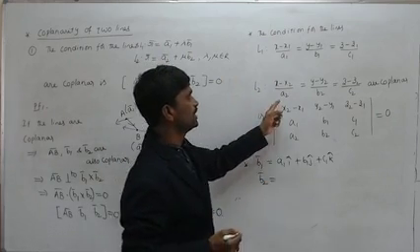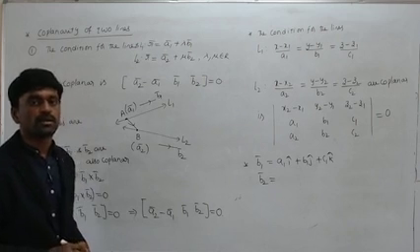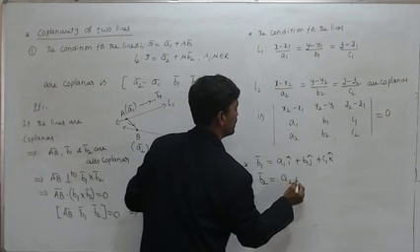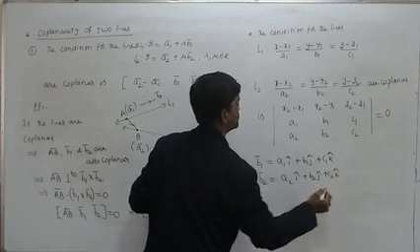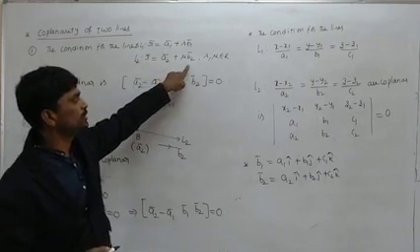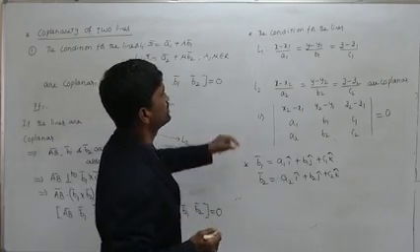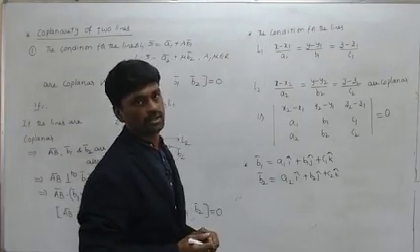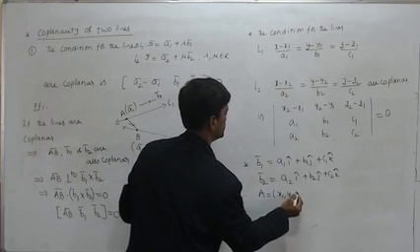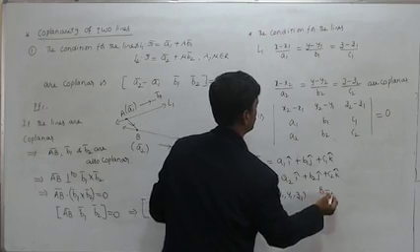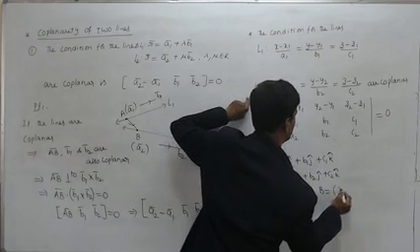Line 2 drs are a2, b2, c2, which means line 2 is parallel to the vector a2 i cap plus b2 j cap plus c2 k cap. So b2 bar becomes this vector. And the line 1 is passing through which point? x1, y1, z1. So the coordinates of A become x1, y1, z1, and the coordinates of B, that means the line 2 passing through which point? x2, y2, z2.